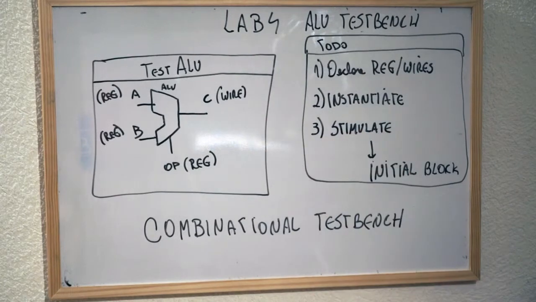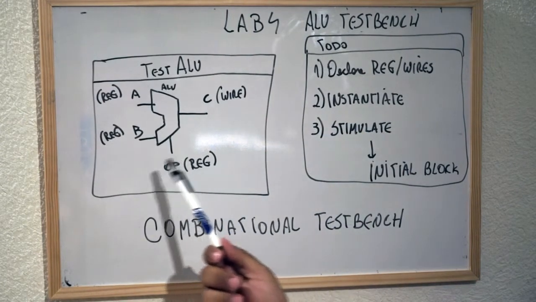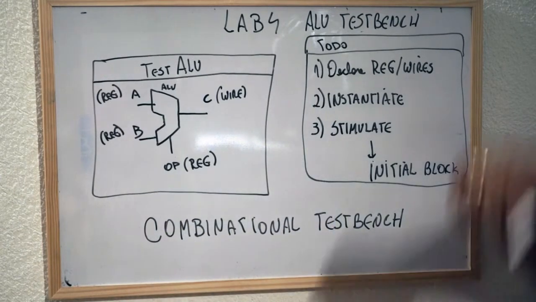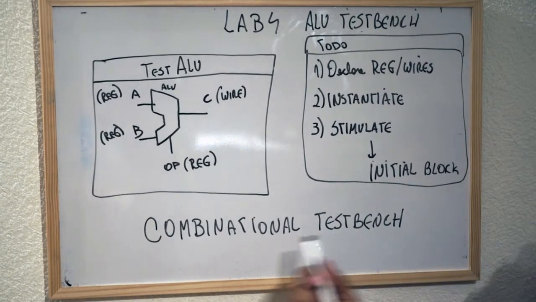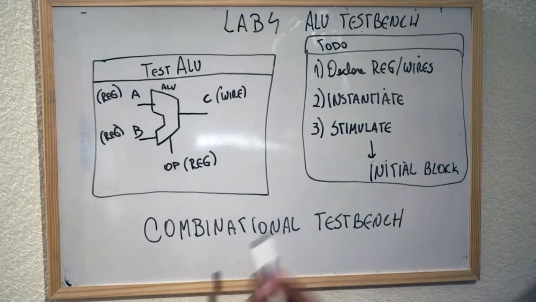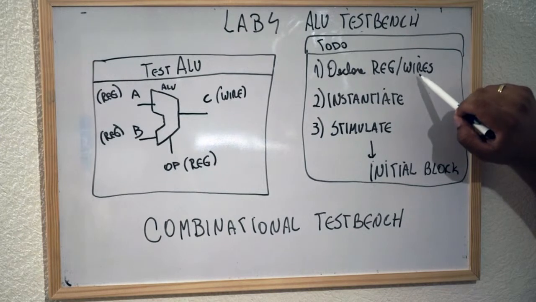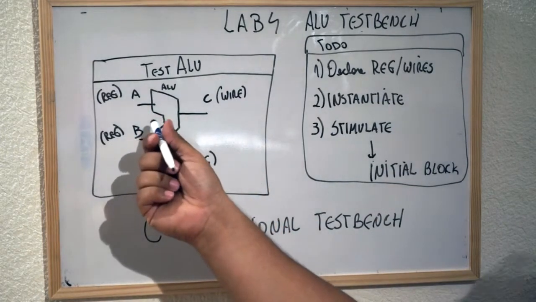So this is lab 4. This lab will be about creating a test bench for our previous circuit, the ALU. And here is just a quick to-do list on what to do when you're going to create a test bench for combinational circuits. First thing that we need to do is declare regs and wires that are going to be connected to the inputs and outputs of your circuit.